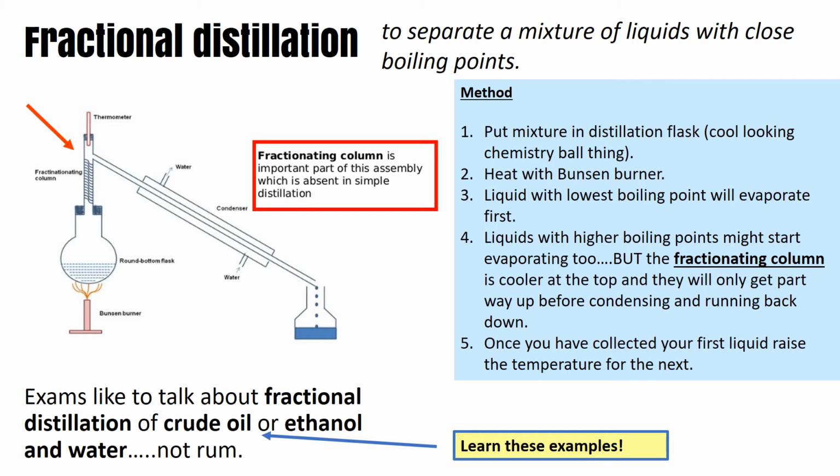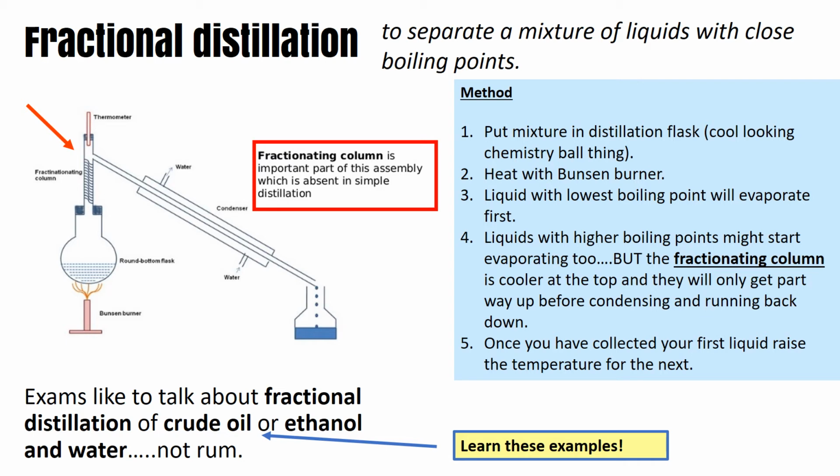I will put all this in your exam summary sheet, so you don't need to go taking notes like crazy, but please take it in that the difference between simple and fractional distillation is the fractionating column, and the fractionating column is cooler at the top and hotter at the bottom. And this is one of the key reasons that it is capable of separating out lots of different liquids in a mixture.